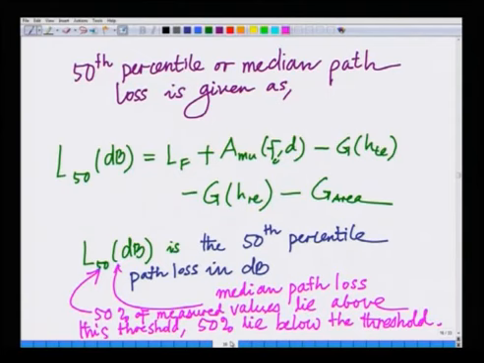Another gain which is arising because of the height of the receive antenna, minus G area, which is essentially the area gain factor, that is as you move from an urban to a suburban to open area, there is less clutter, which means there is a net reduction in the loss. Hence, there is a gain factor which subtracts from the 50th percentile path loss.